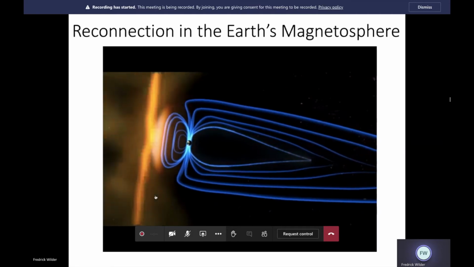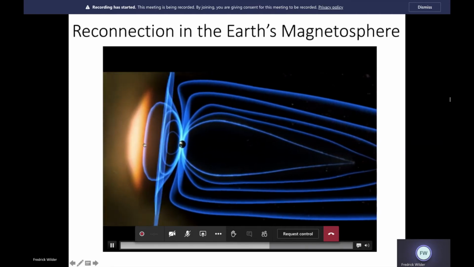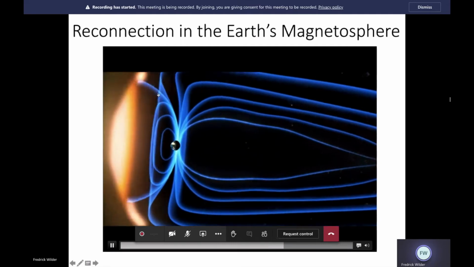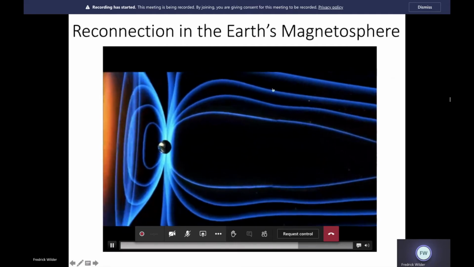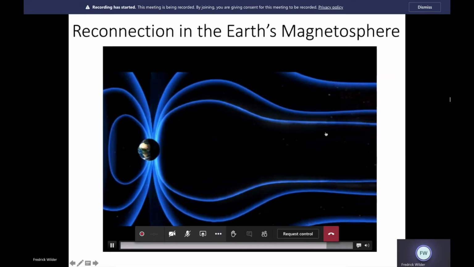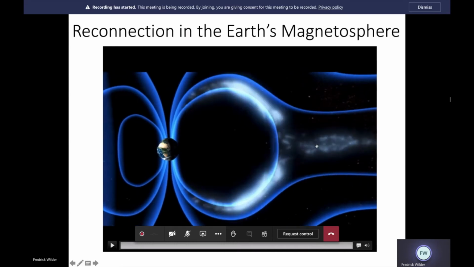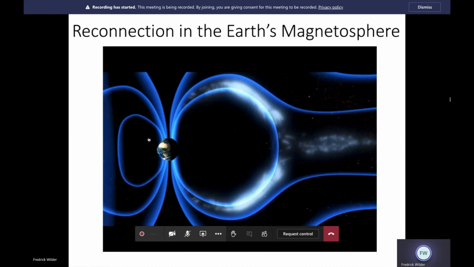If it's southward, it'll interact with Earth, and you can see it reconnects at the dayside of Earth, and then carries open magnetic field lines over the polar cap and piles them into the tail of the Earth's magnetosphere. As pressure builds up in the tail, reconnection occurs again, and that brings electrons and protons along magnetic field lines into the Earth's ionosphere, which leads to the aurora.